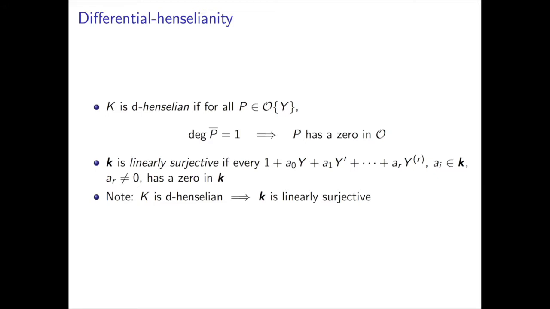You have just chosen to make it monic. No, you prohibit the zero constant term. Right? But is there a special reason for that? This also has a zero at zero. Yeah, it still has a zero at zero. So you could actually have any.